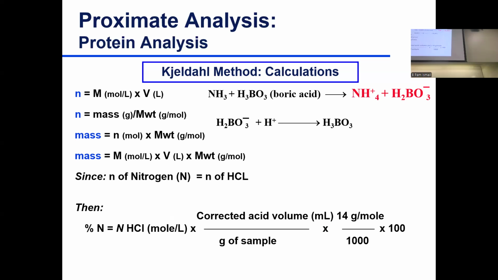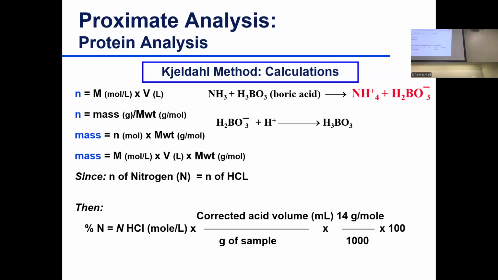So at equilibrium, M times V, I have the molarity of HCl, or the normality of HCl. I also have the titration volume, right? So I'm titrating, so I can determine the volume that I'm using to get to that pink color. And it's a corrected volume because we also titrate the blank. So your volume that you use to titrate the sample minus the volume of the blank. Okay, so that's your corrected volume.